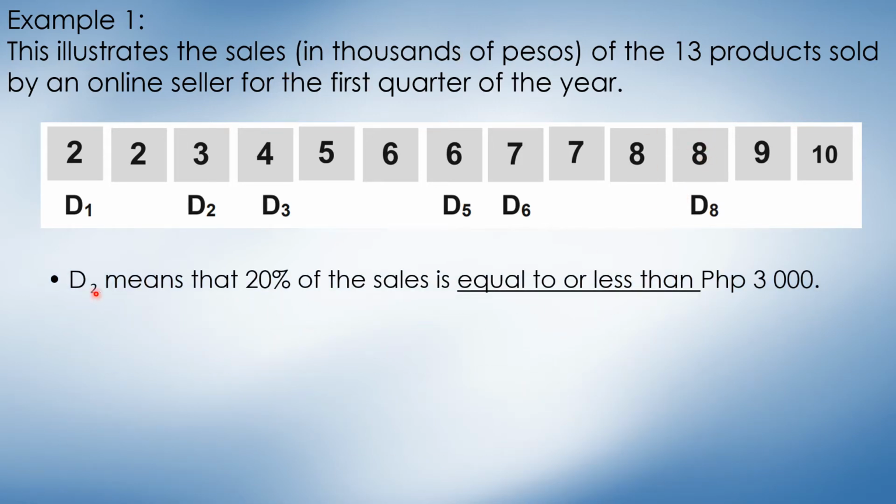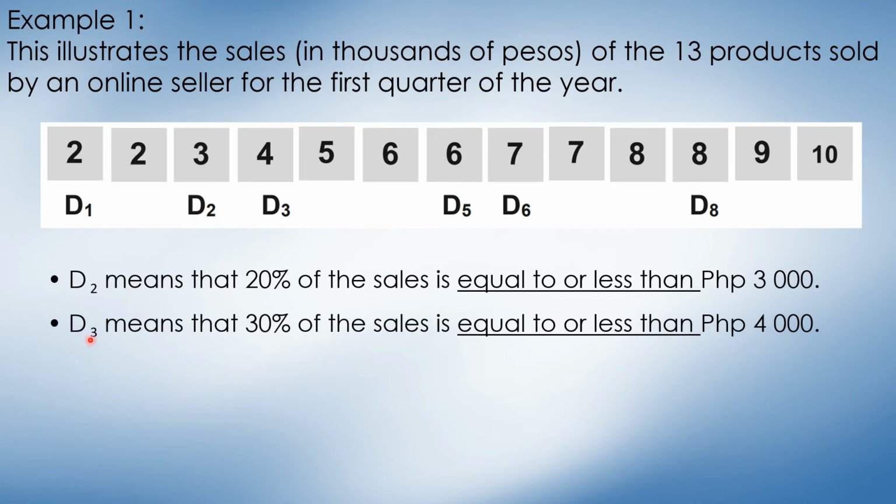The second decile means that 20% of the sales is equal to or less than 3,000 pesos. Third decile means that 30% of the sales is equal to or less than 4,000 pesos.